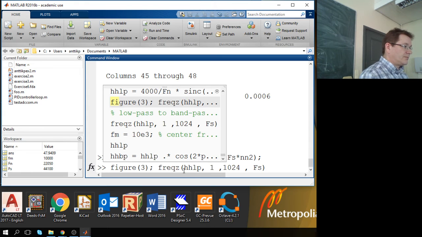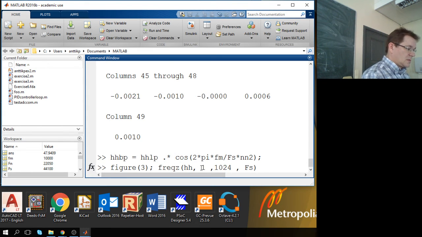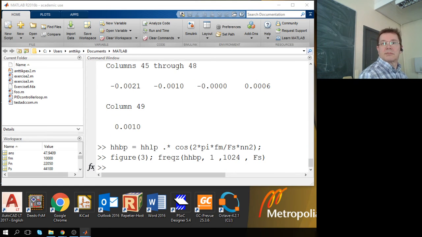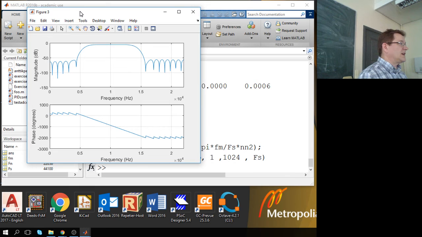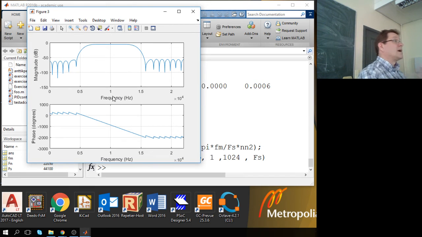Figure band pass. Ta-da! And we are losing the power by a factor of 2. And why is that happening?